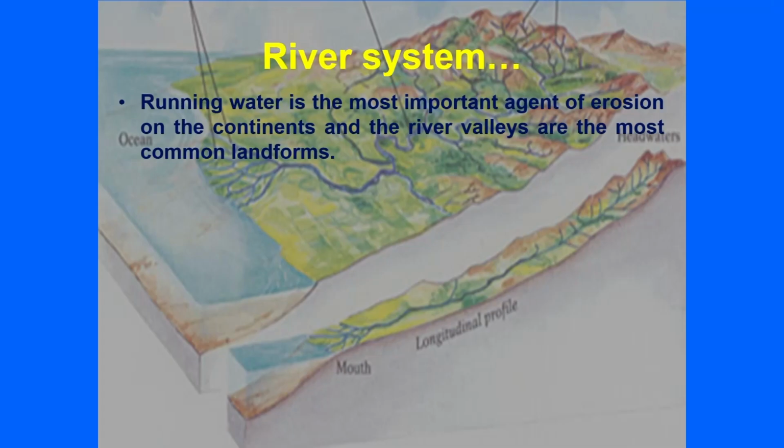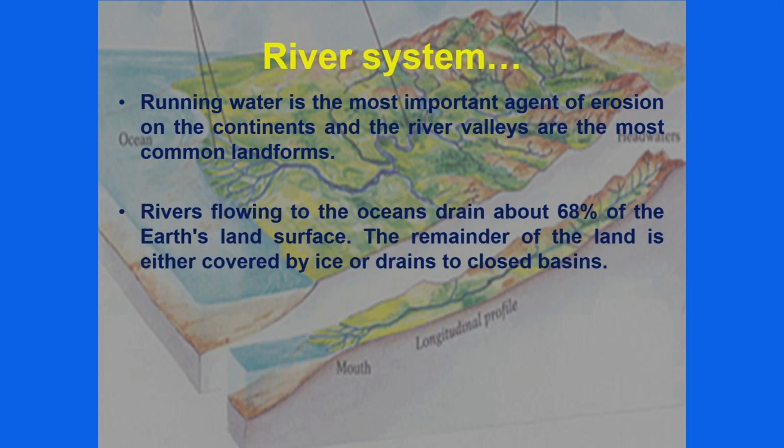Coming to the river system, running water is the most important agent of erosion on the continents, and river valleys are the most common landforms. Rivers flowing to the ocean drain about 68% of the Earth's land surface, and the remainder of the area is either covered by ice or drains to closed basins.